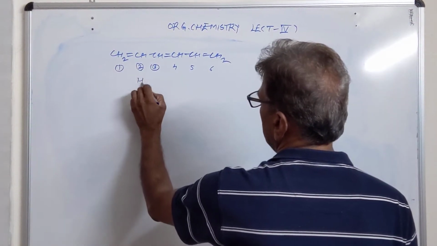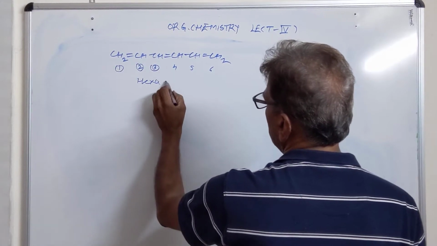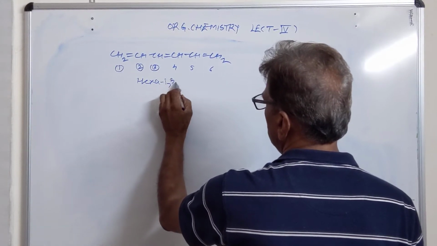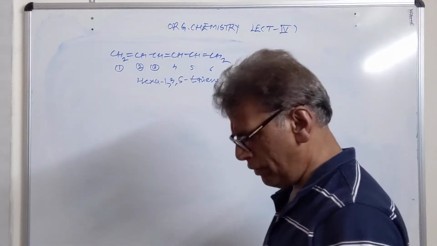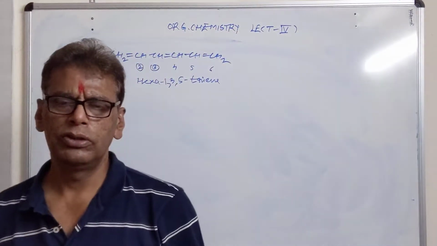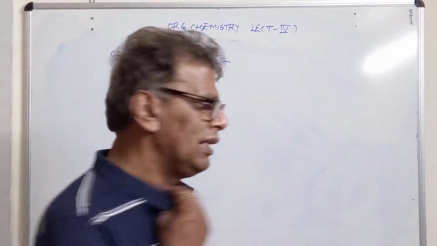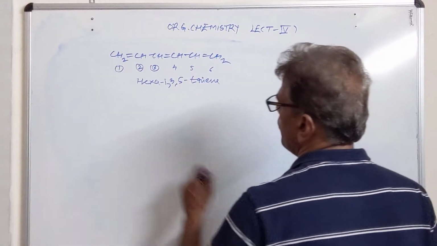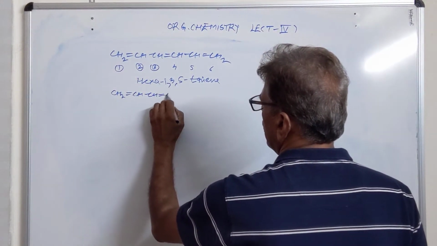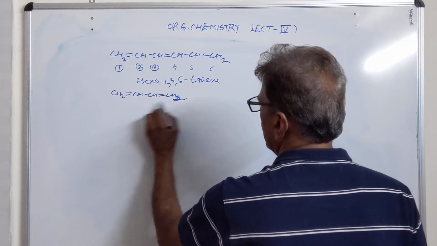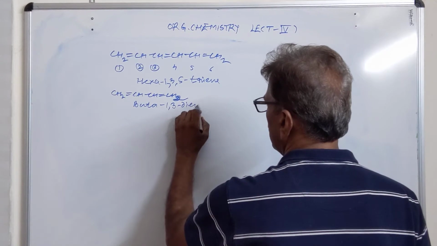So this will be hexa-1,3,5-triene, since we are having 3 double bonds. If we have 2 double bonds, then the system will be named as diene. This is buta-1,3-diene.